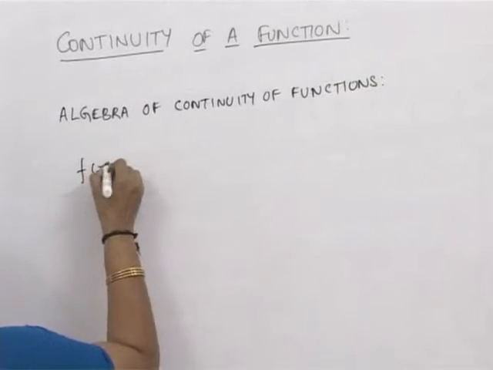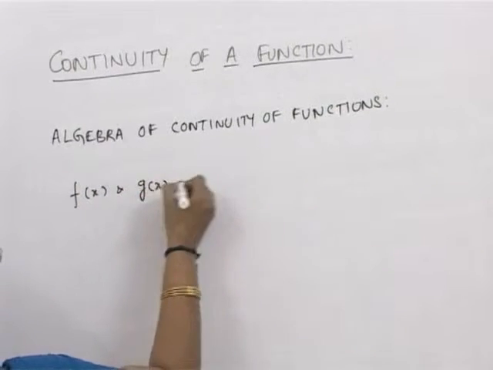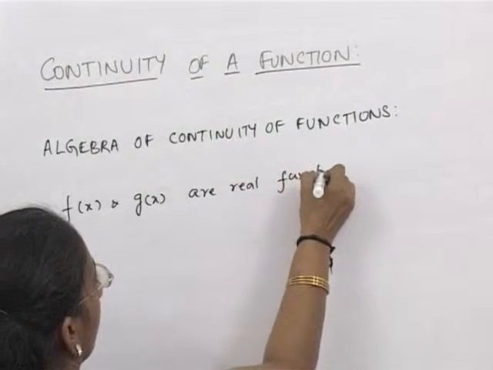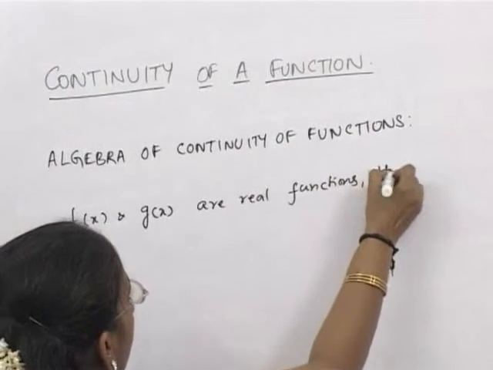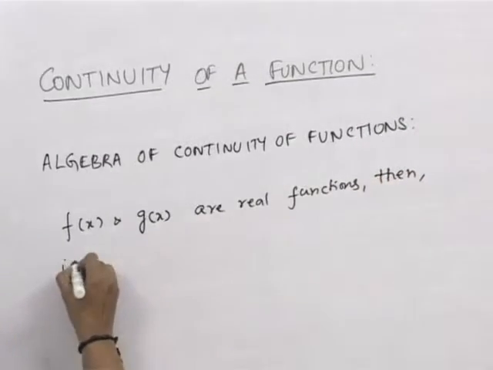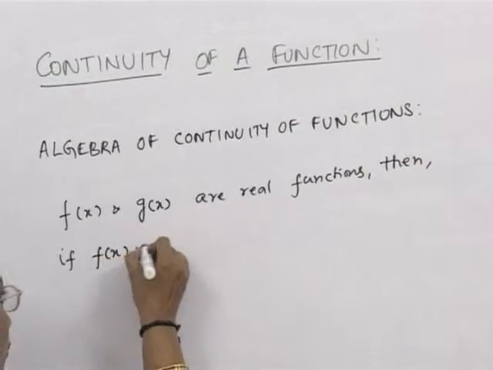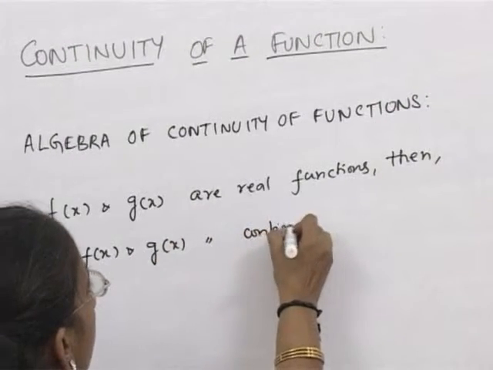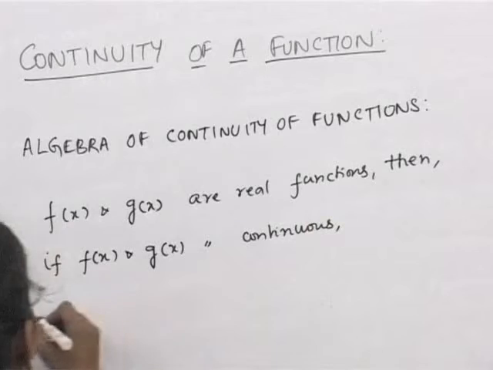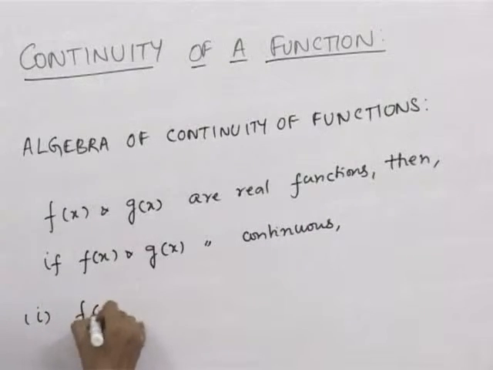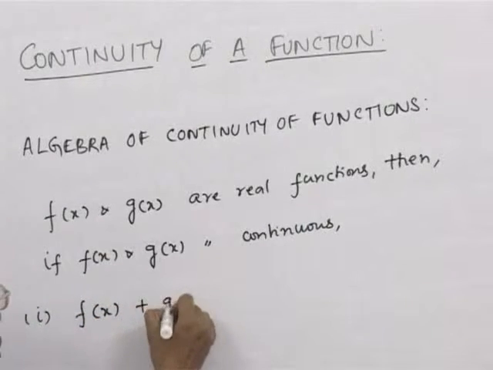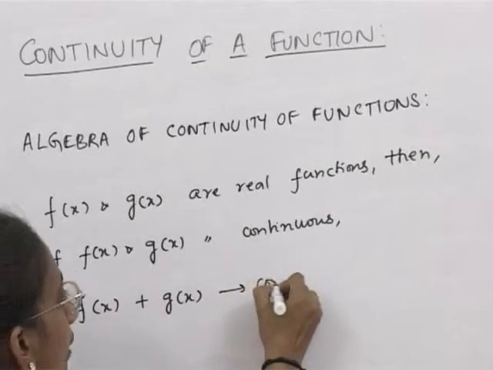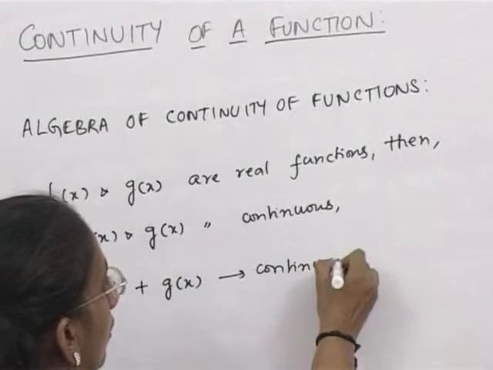Now if f of x and g of x are real functions, and if f of x and g of x are also continuous, then f of x plus g of x is also continuous, that is the sum of two continuous functions is again a continuous function.